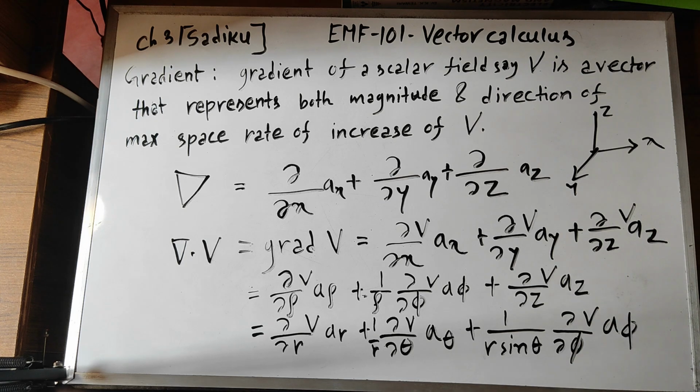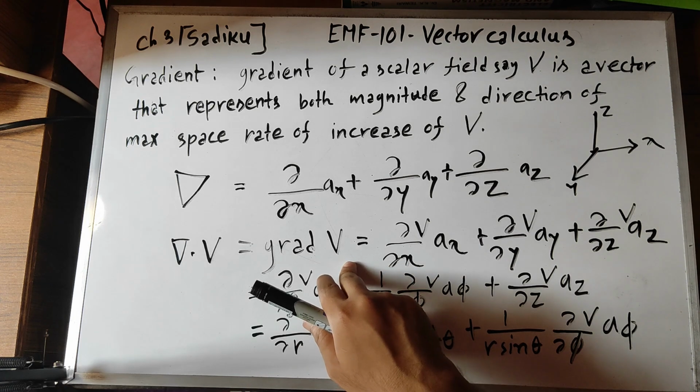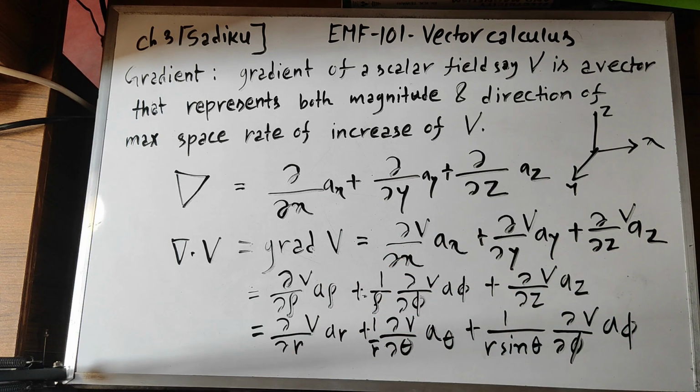So these three forms are the gradient of the scalar field, which we have designated V, in the three coordinate systems.